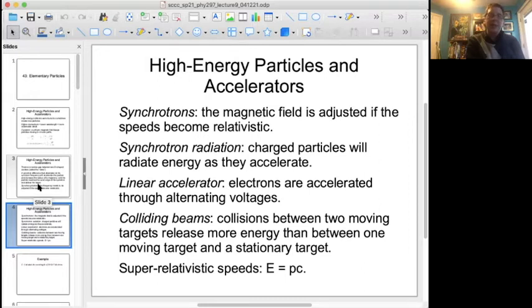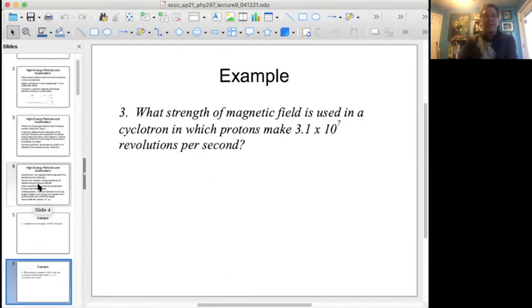At that point, their energy, much like the energy of the photon, is simply equal to pc. Remember, the energy in relativity can be expressed as the square root of p squared c squared plus the rest mass squared times c to the fourth. Well, if the rest energy is negligible compared to the kinetic energy, then you can simplify it by treating the energy as simply being equal to pc.